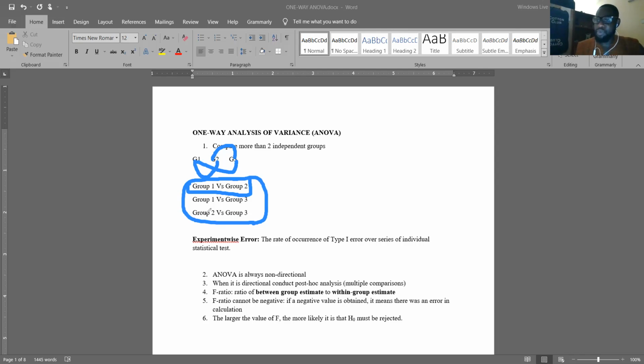You run 3 different independent t-tests. But the interesting thing about ANOVA is that it will combine the 3 comparisons together and run it at once. Then you get your comparisons. But with independent t-test, you're supposed to do several tests or several analyses.